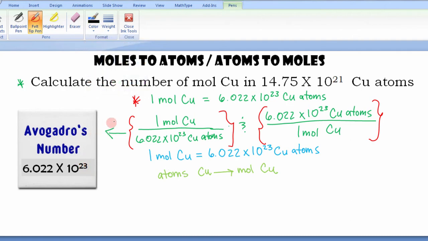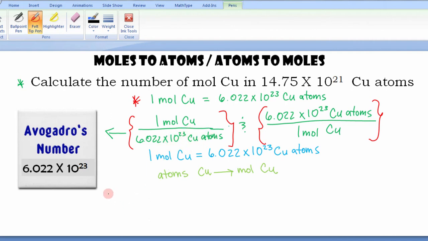So we would use these same two relationships, but we're going from atoms to moles, so we need the relationship that allows atoms to cancel in the denominator with the atoms in the numerator. So this is a relationship we have here.